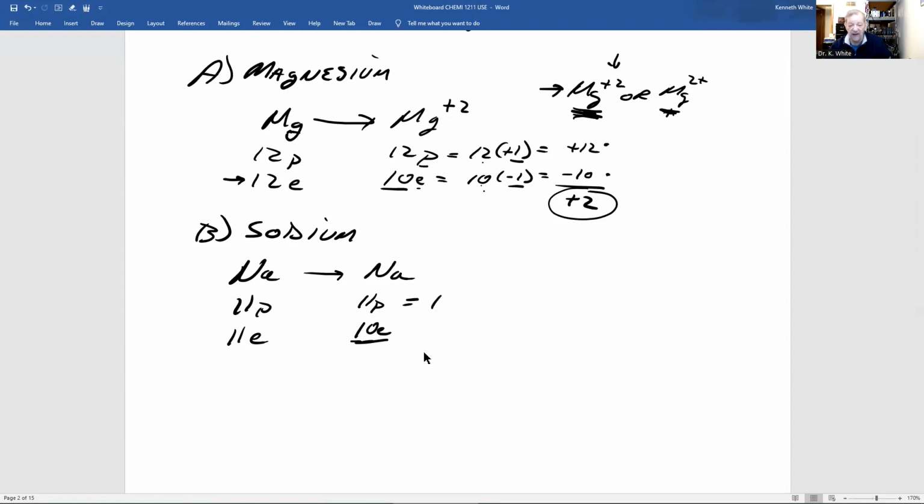Now we're going to do some math. 11 protons. Each proton has a +1 charge. 10 electrons. Each electron has a -1 charge. Do the math. Plus 11 minus 10. Add them together. You get +1.